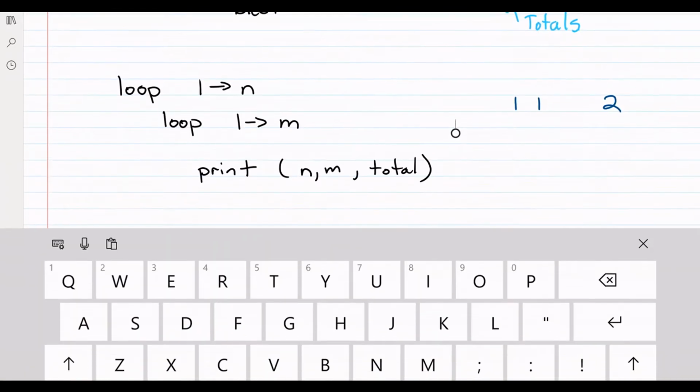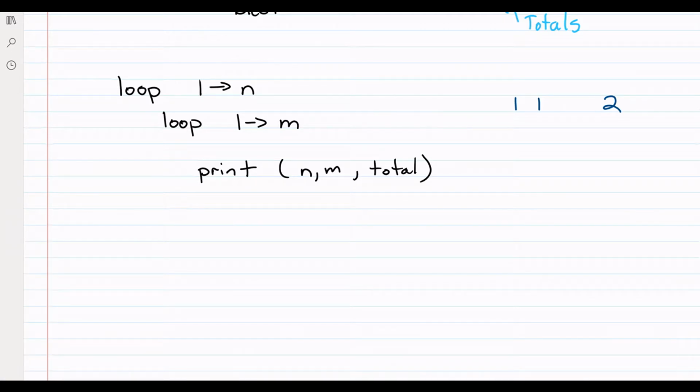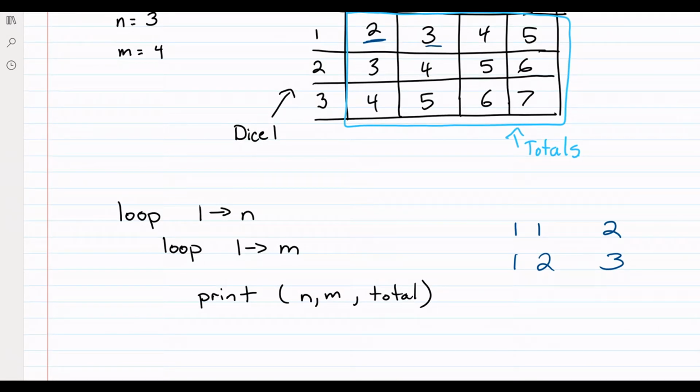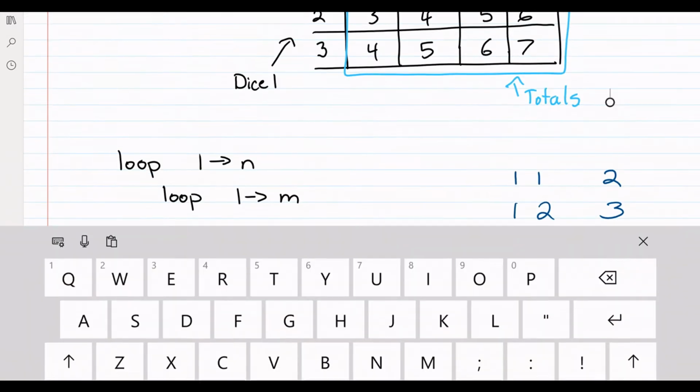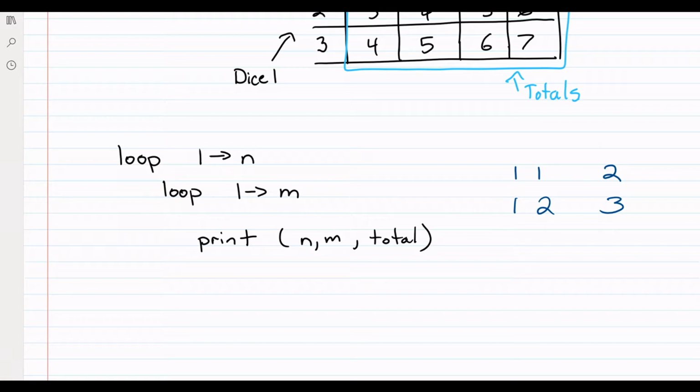Now n is going to stay at 1 because this loop's not finished. So m will go to 2. We'll stay at 1, and then go to 2, and it will output 3. So m keeps changing.